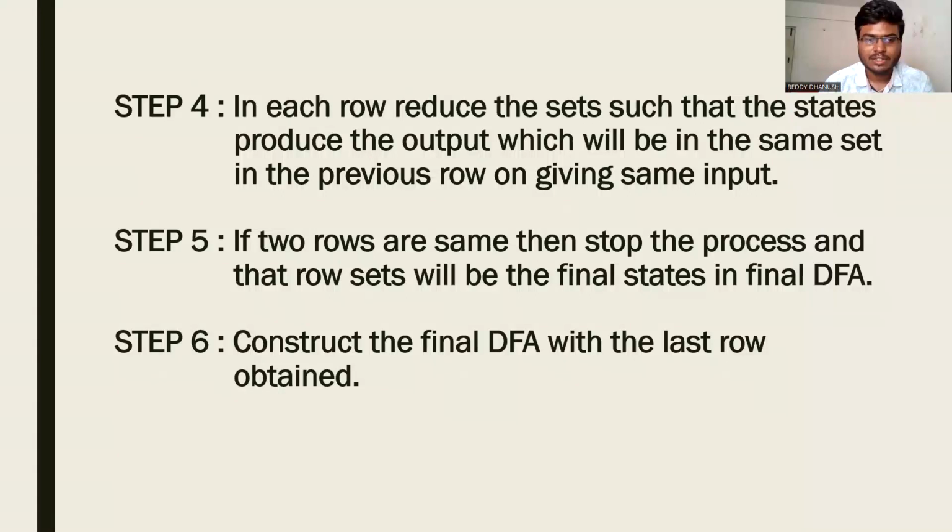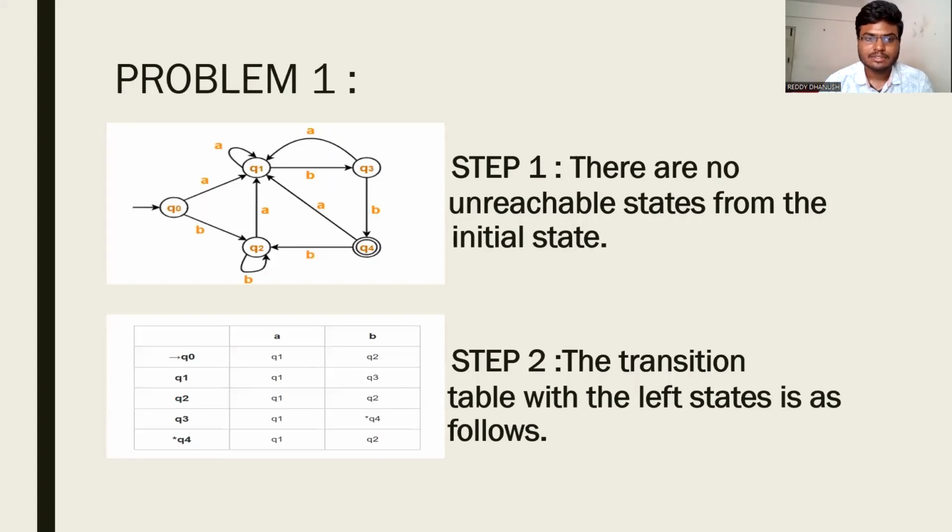And in step 5, we will see whether two rows are equal. If two rows are equal, we will stop the process, and the final row will be the final states in the final minimized DFA.